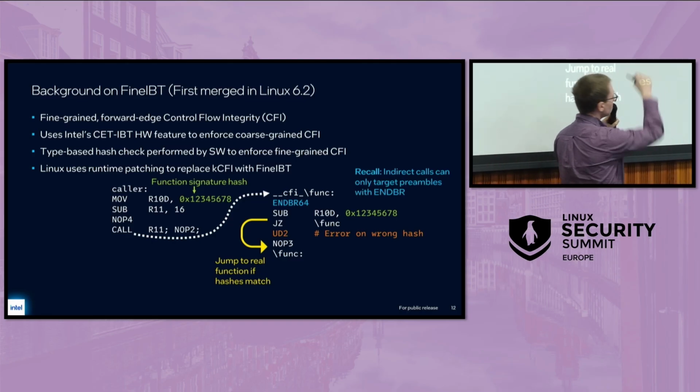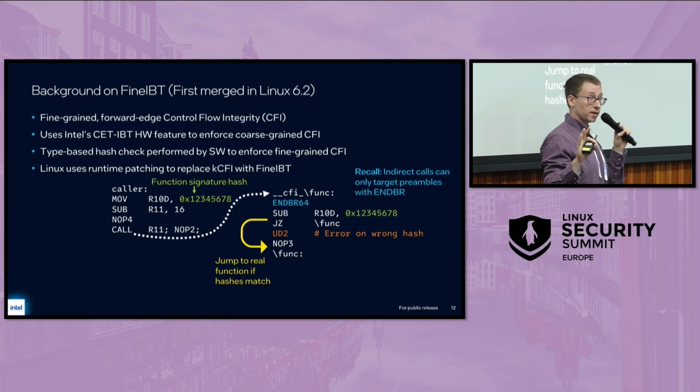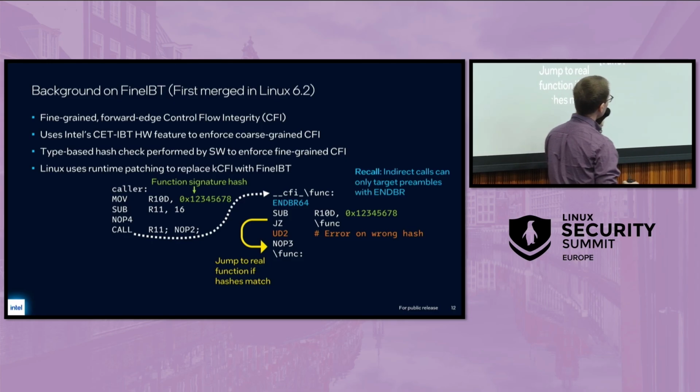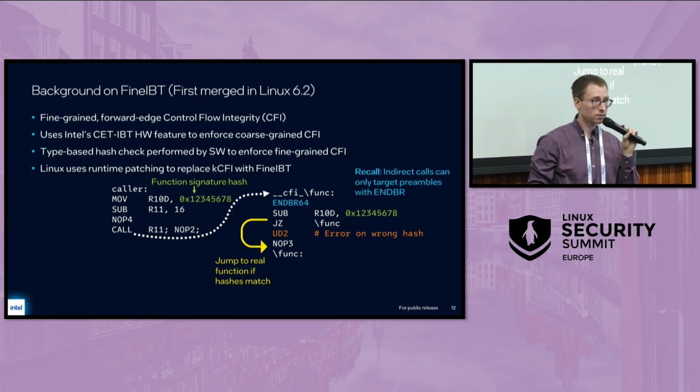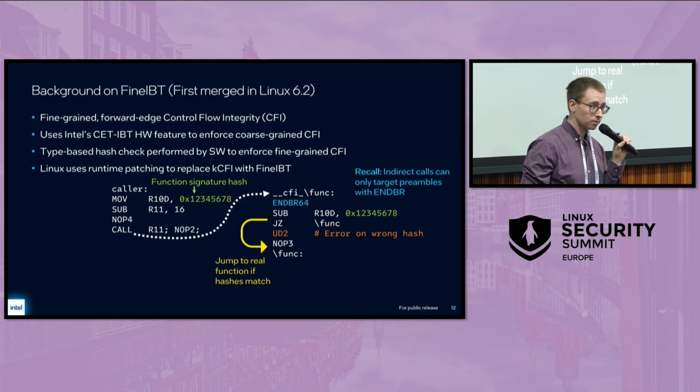If it doesn't land on an end branch, then you get a kernel panic. But if you do land on an end branch, now you're subjected to an additional check. So there's the coarse grain check performed by the end branch. Then there's a fine grain check performed by FineIBT. And that also has a 32-bit hash that was injected by the compiler, and it is a hash of the call target's type.